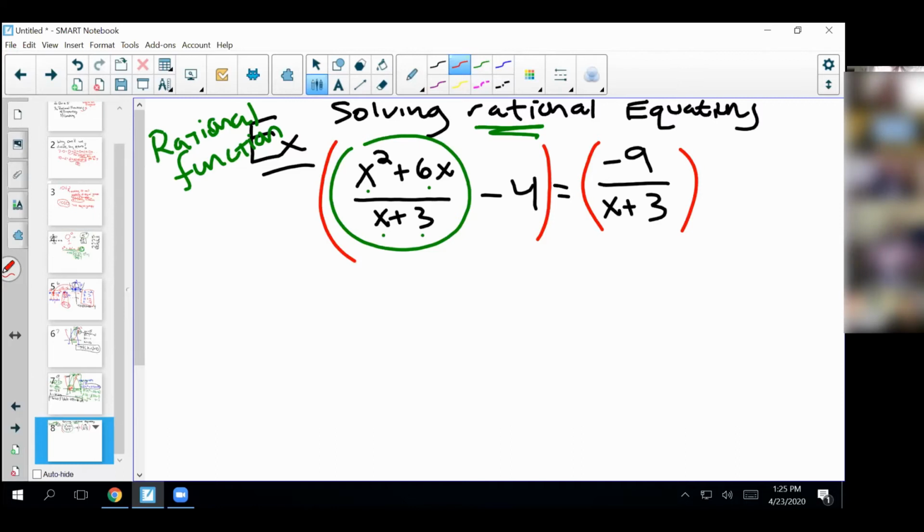Now, there's really only one denominator in this problem, but in a bit we'll do an example where there's two denominators. So we look at every denominator and multiply both sides by that. In this case, it's just the x plus 3. So this is what's going to kill those denominators. I call this clearing denominators.